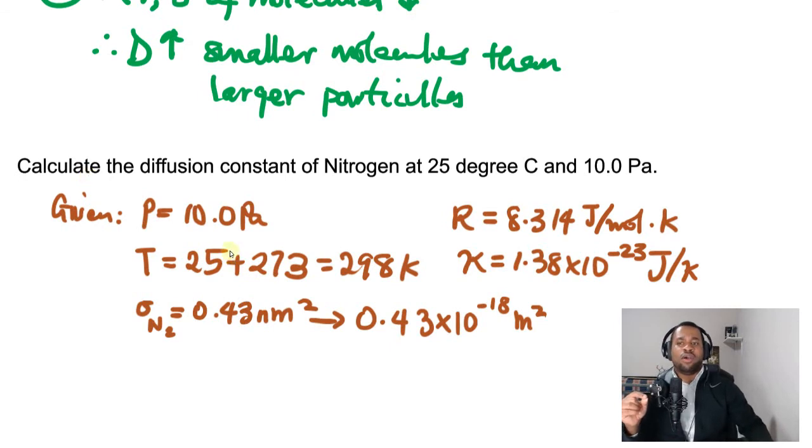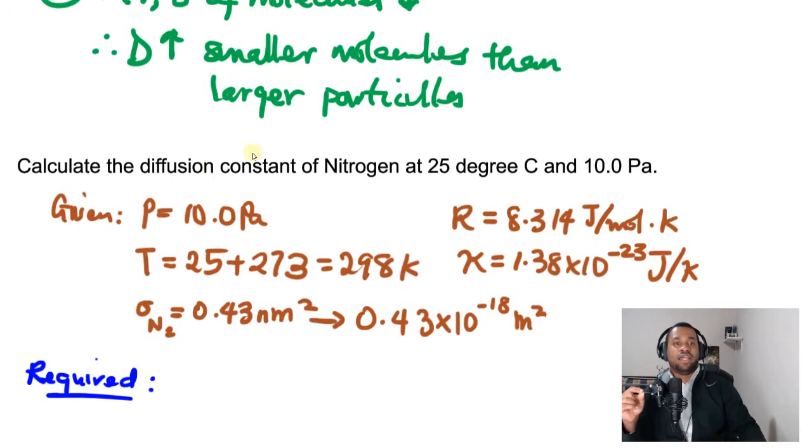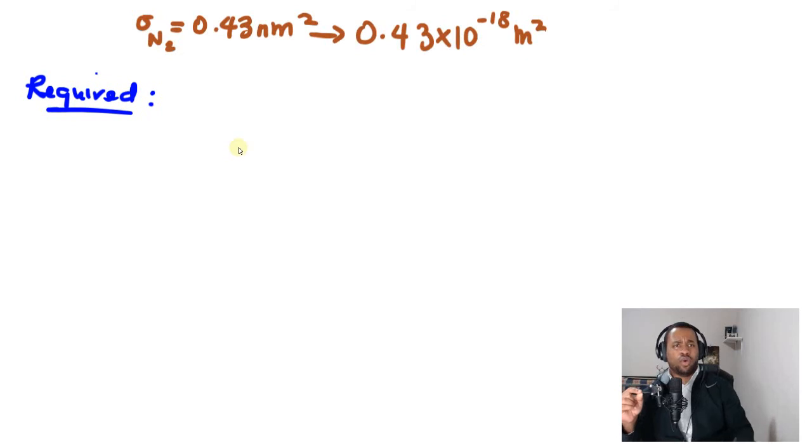Based on this, we are going to look for what is required, and our required here is based on the question, which says we should determine the diffusion coefficient. We know that the diffusion coefficient is represented as D, where D is the diffusion coefficient or constant.